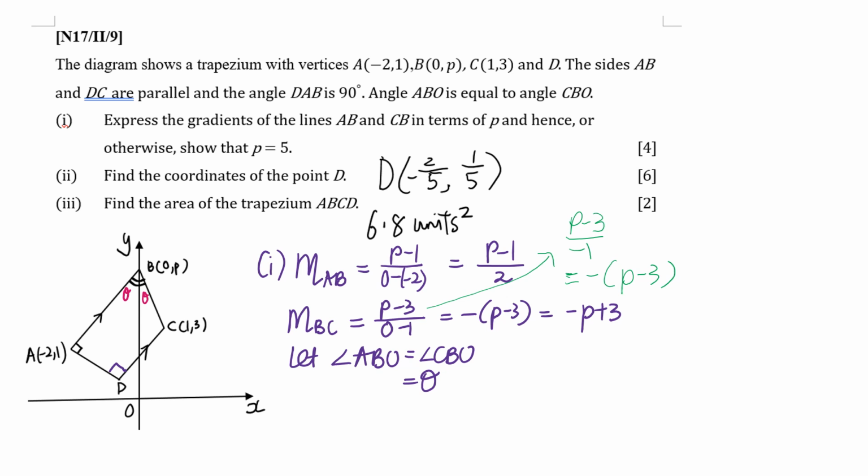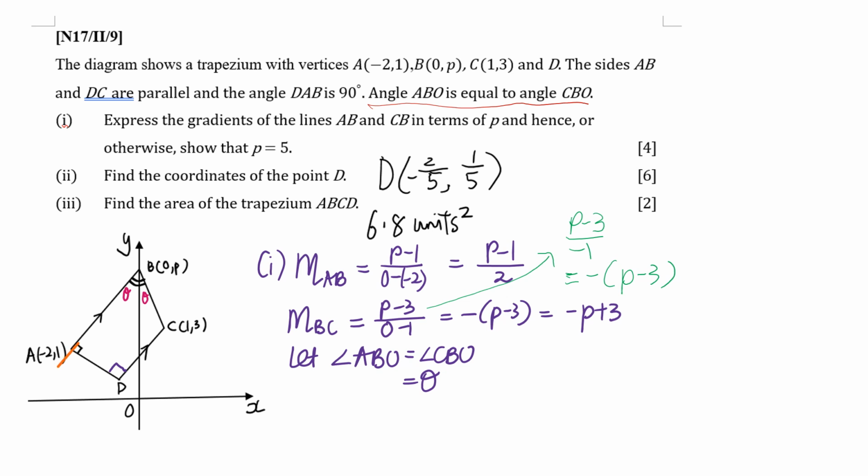Okay, so here comes the tricky part. Usually whatever they ask you to find, it's easier to just continue with the information you found. So you're given that angle ABO equals angle CBO. What I've done here is I'm going to let angle ABO equal to angle CBO, and call it theta. If you look at the diagram, I have the theta there.